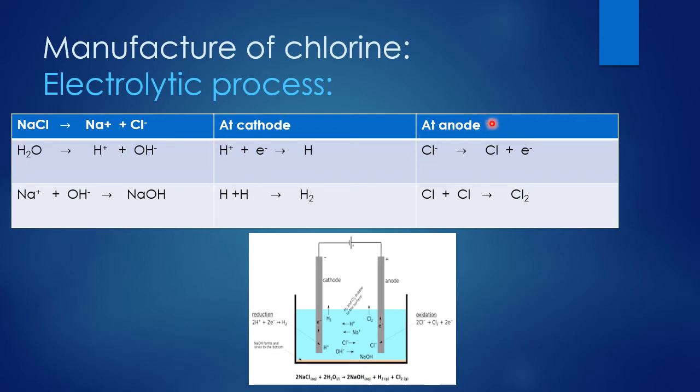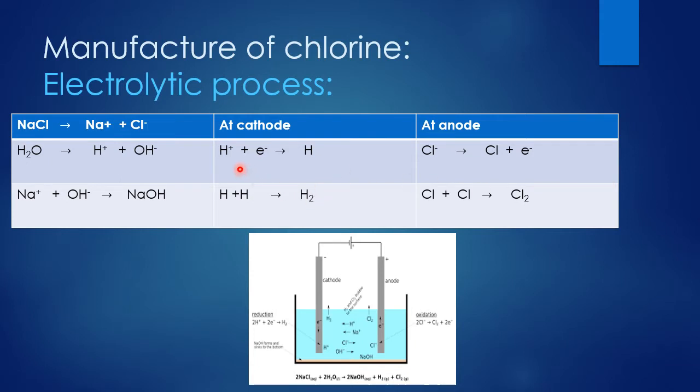You know that at the anode oxidation always takes place. Oxidation means loss of electron. So Cl- migrates towards the anode and loses the electron. Cl- loses the electron and gets converted into a chlorine atom. Then 2 chlorine atoms join and get converted into chlorine gas. So at the anode chlorine gas is liberated.